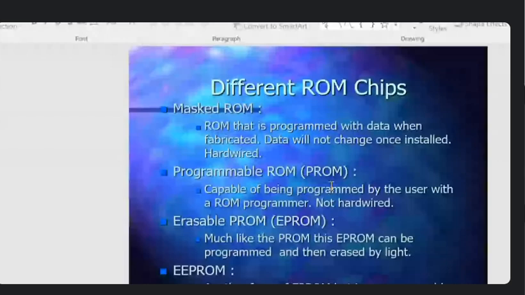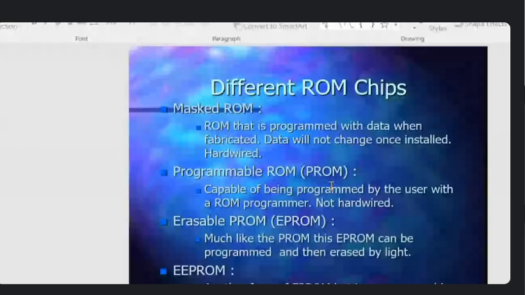We have erasable PROM. It can be programmed for this one and then erased by ultraviolet light. So that is EPROM. Then another form of EPROM that is reprogrammable electronically, which is electrically erasable programmable read-only memory.